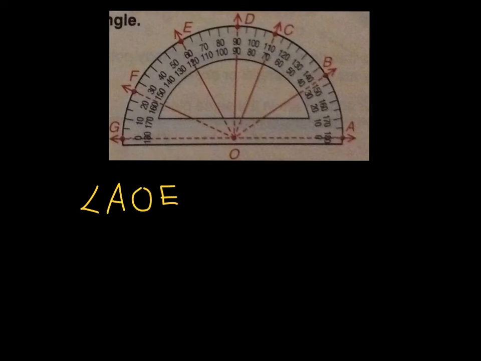My first step is to find that angle, so I would have angle AOE right here. The points on the interior would be all these points on the inside of that angle. So I see that I have D, C, and B. So I would list the interior points as D, C, and B.